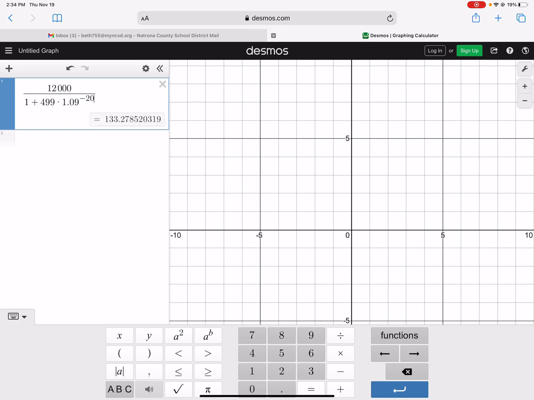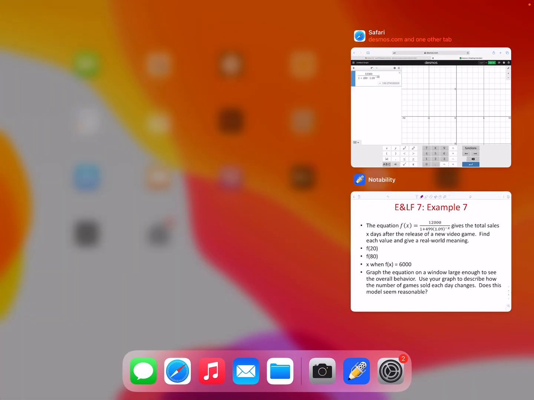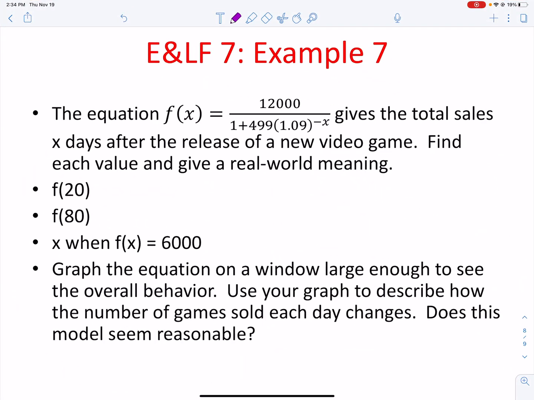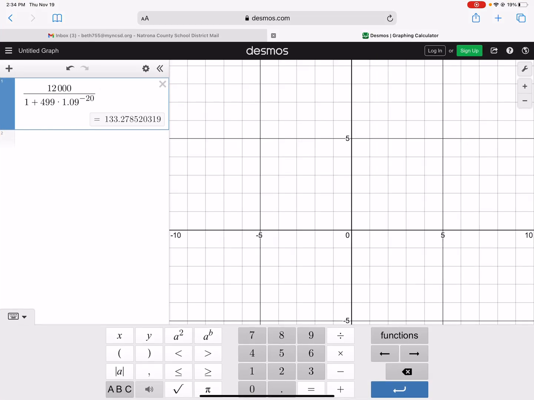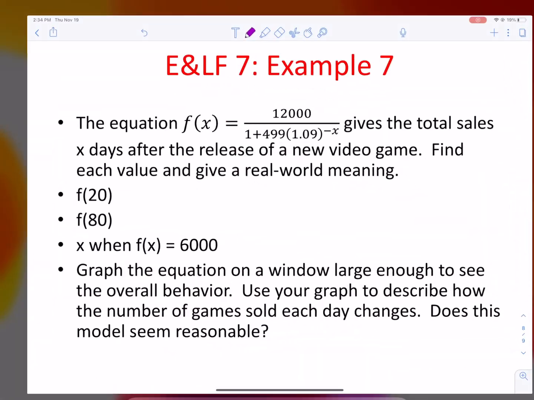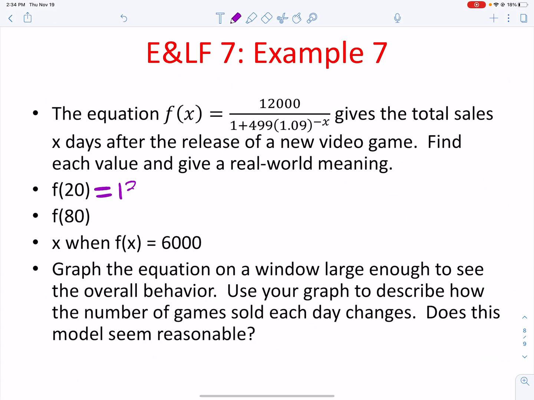So my answer is 133.27. Let's see what it's about. It gives the total sales x days after the release. So my x value is days. So it's 20 days after the release, and I had 133.27 total sales. Probably want to round that to a whole number. It gives the total sales. No, I think it would be money.